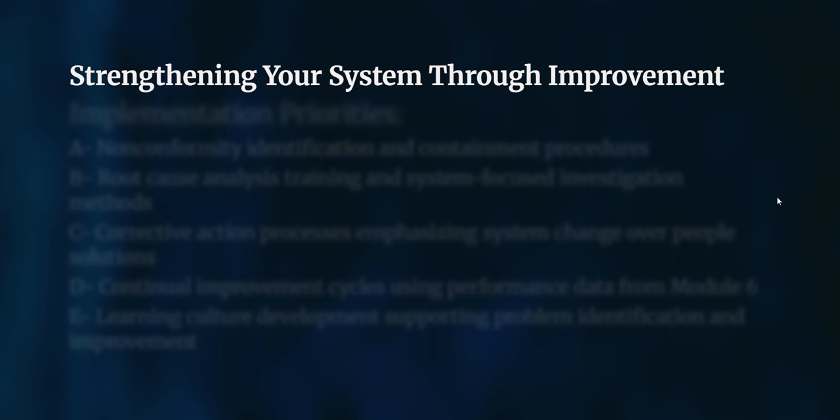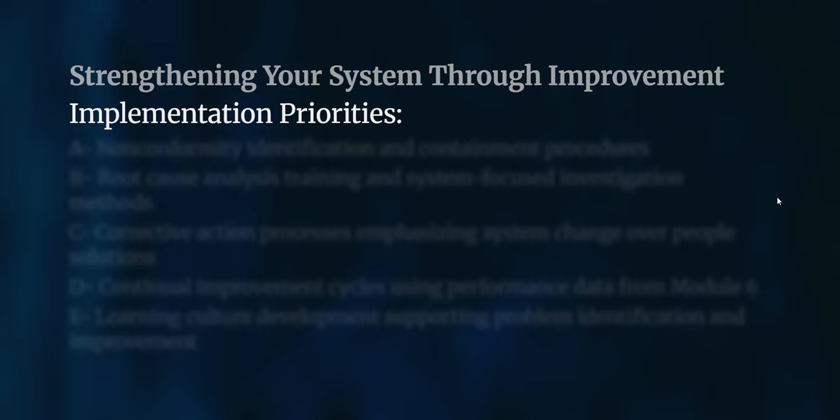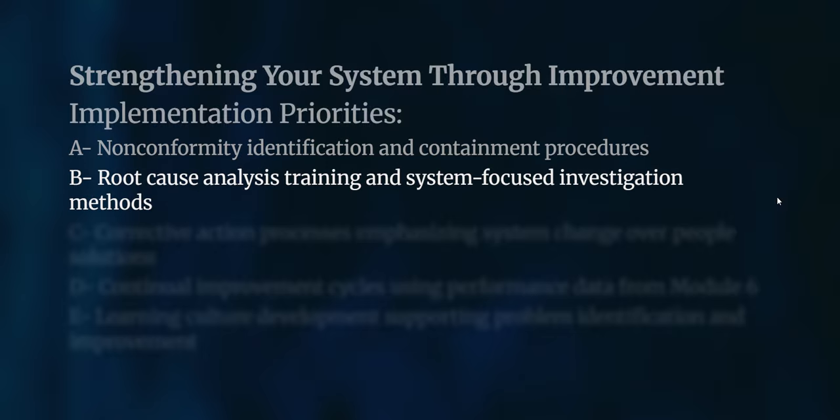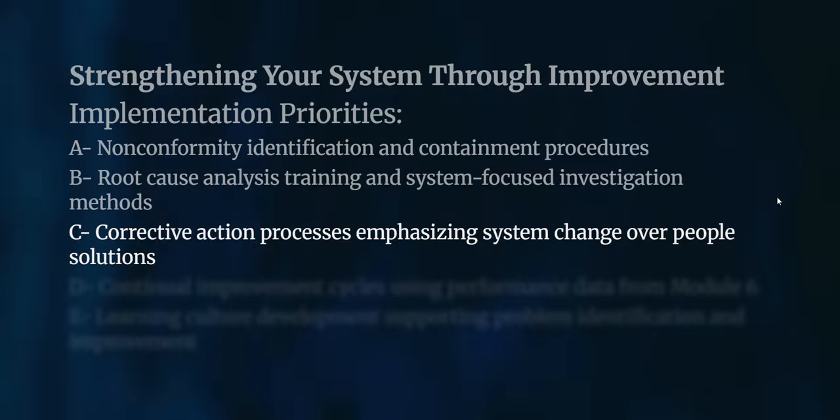Strengthen your system through ABCDE, or through the following priorities. A. Nonconformity identification and containment procedures. B. Implement root cause analysis training and system-focused investigation methods. C. Implement corrective action process, emphasizing system change over people solutions.